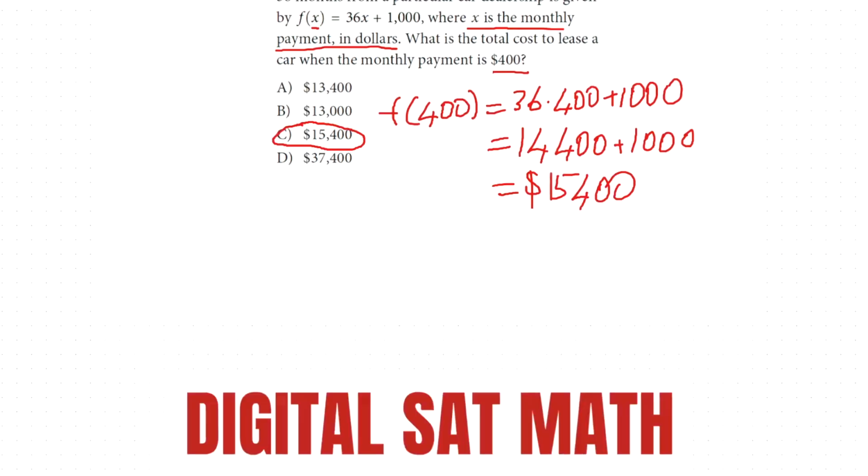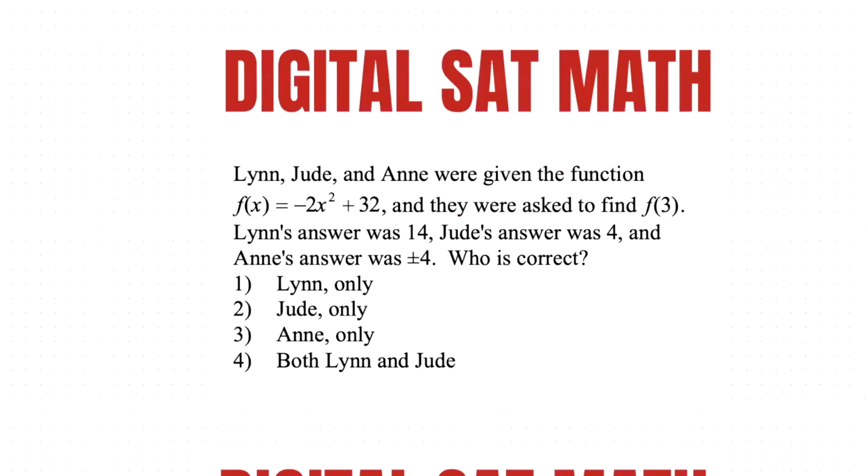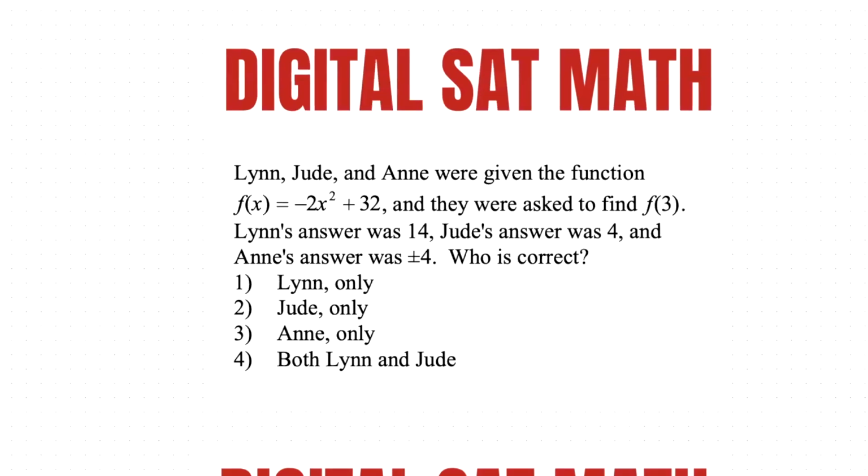This is a similar type of problem. Lynn, Jude, and Anne were given the function f of x equals negative 2x squared plus 32, and they were asked to find f of 3.